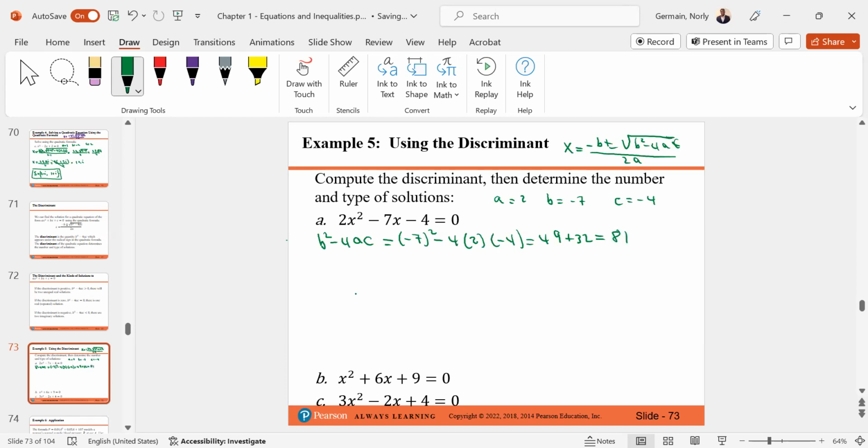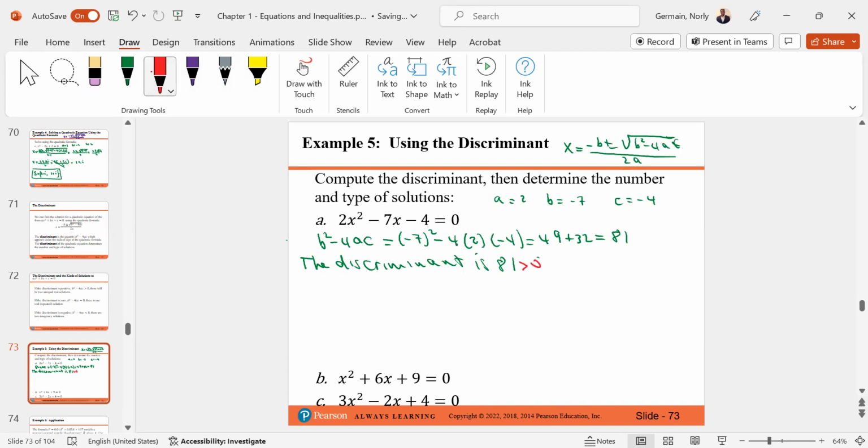So this is what happened. The discriminant is 81. How many solutions do we have? It is a positive number, so we can say the discriminant, positive 81, is greater than 0.